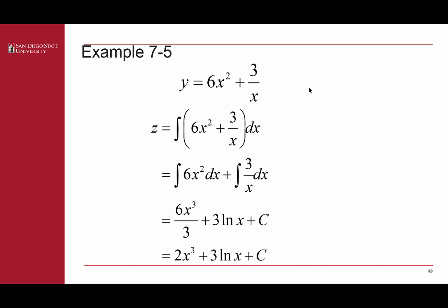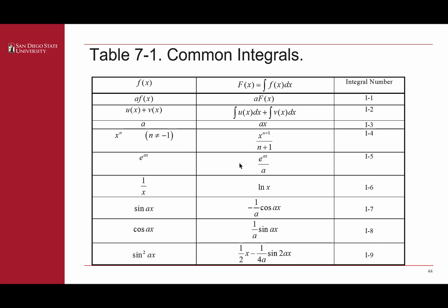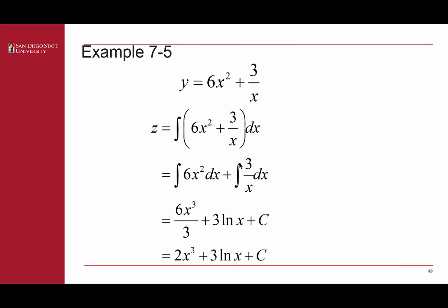In the next one, y equals 6x squared plus 3 over x. Here for the 3 over x part, we can use the table again. Here we have its ln x. In the next step, we get the integral of 6 times x squared dx plus 3 over x dx.